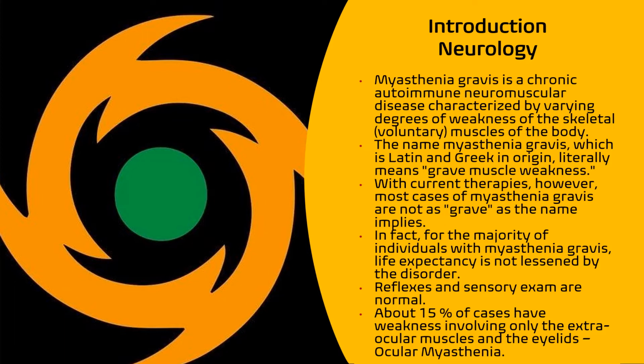In around about 15% of cases that have been documented, there have been weaknesses involved only in what's referred to as the extraocular muscles surrounding the eyelids, and this is referred to as ocular myasthenia.